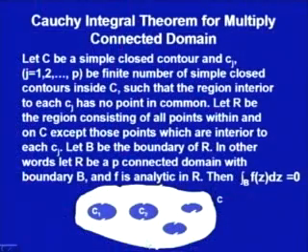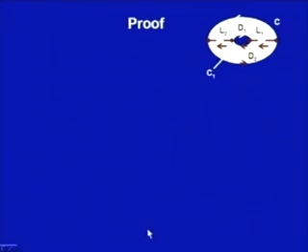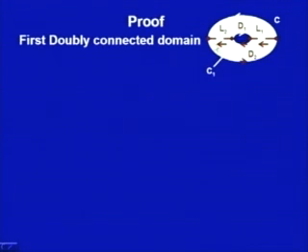Let us go to the proof of this. We will go one by one, first with the doubly connected domain. This is a figure of a doubly connected domain. We have this outer boundary C and this inner boundary C1. To prove this, we first divide this domain into two parts through two cuts, L1 and L2.